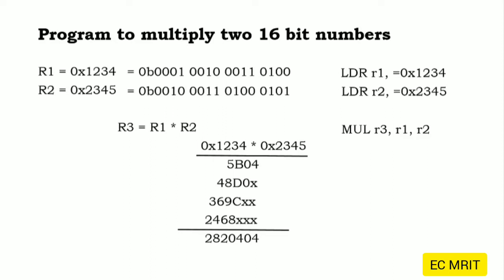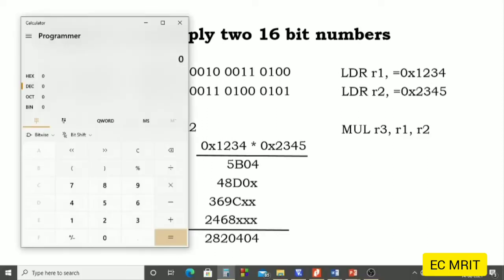4, we got LSB 4. Next we have 0 plus 0, we'll get 0. Next B plus D plus C will give 24. That's why we have 4 here and 2 carry. We'll see in the calculator, that is B plus D plus C. We have taken the programming mode calculator.